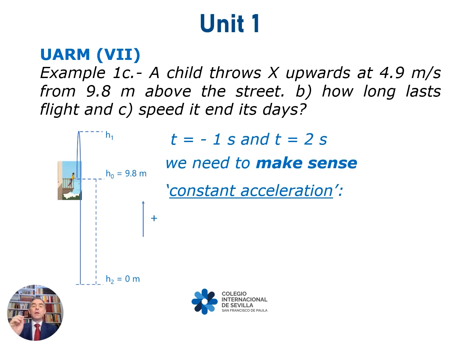If we consider that perhaps the bird was coming up from further down than the balcony, and we started counting the time when it passed by the balcony, at that moment t equals 0 and position is 9.8, speed is 4.9 meters per second upwards, and the acceleration keeps being minus 9.8 meters per second squared.